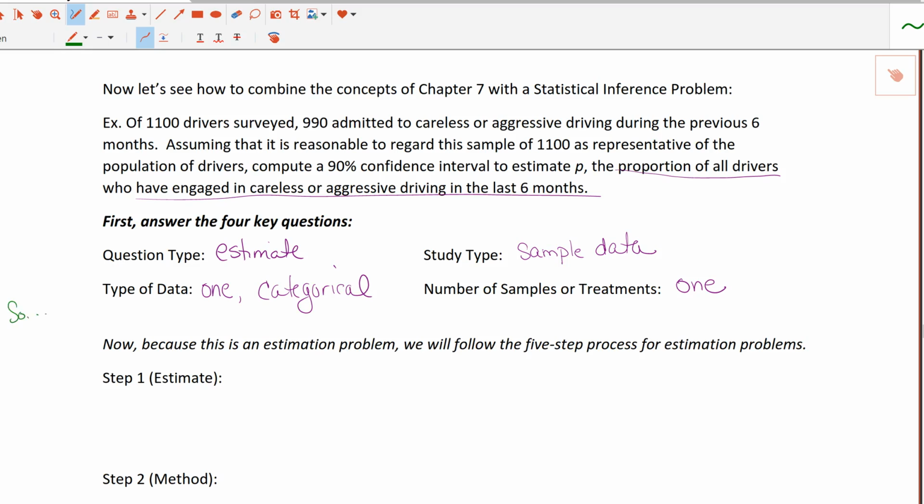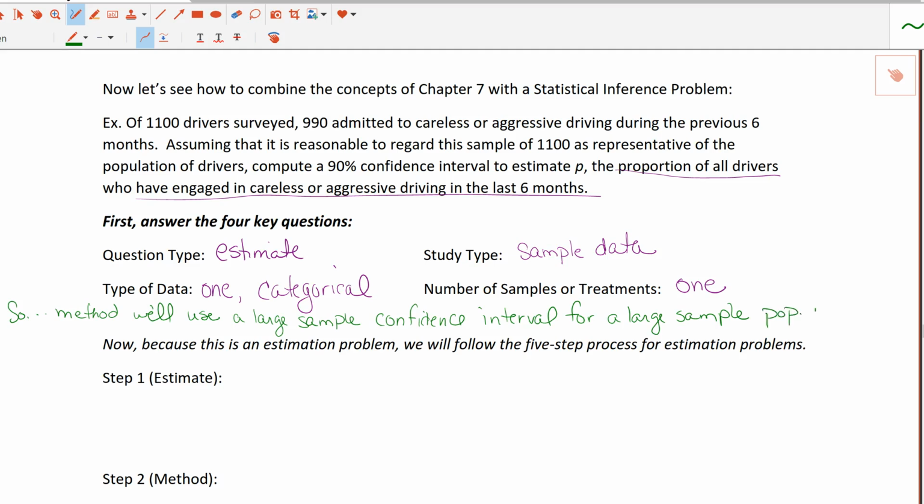The method we'll use is a large sample confidence interval for a population proportion.